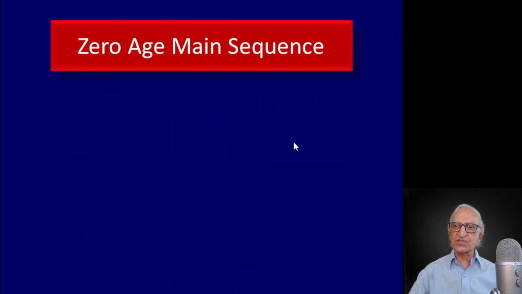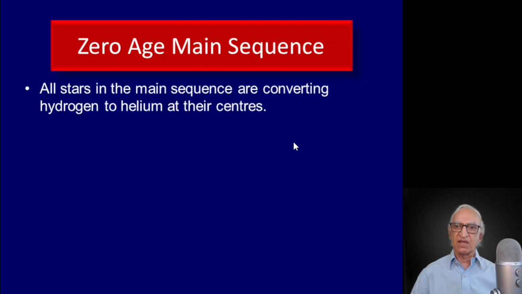But before we proceed, let me say a few words about the significance of the main sequence. All stars in the main sequence are converting hydrogen to helium at their centers. I should also add that all stars spend most of their lifetimes in the main sequence.